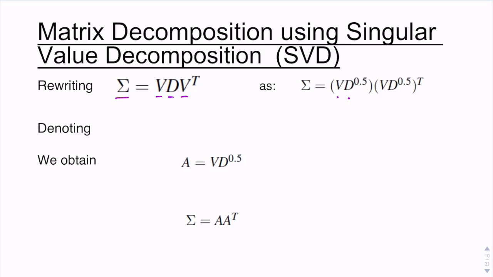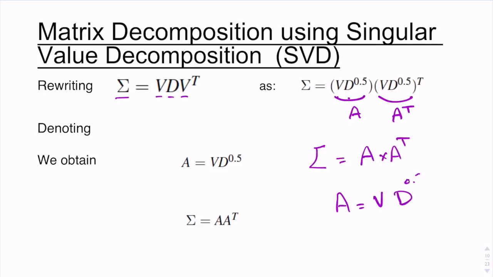And then V times square root of D, transposed. That looks like what I'm looking for. If I call this one A, then this one is A transpose. Done. I showed that the covariance matrix can be written as A times A transpose, where A is V times square root of D. So then I have found a transformation.